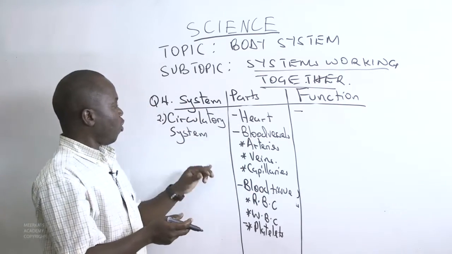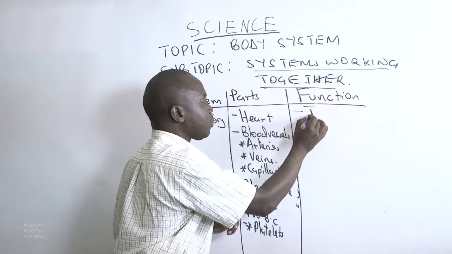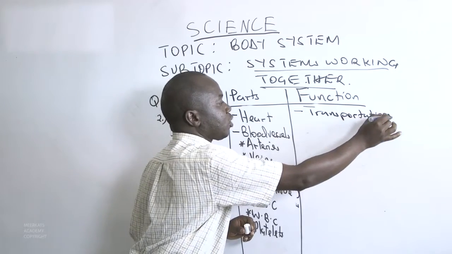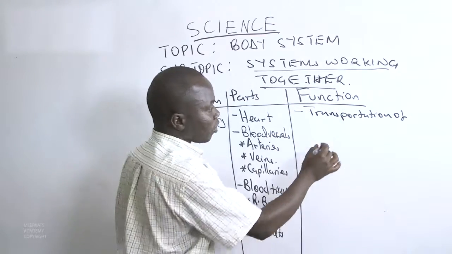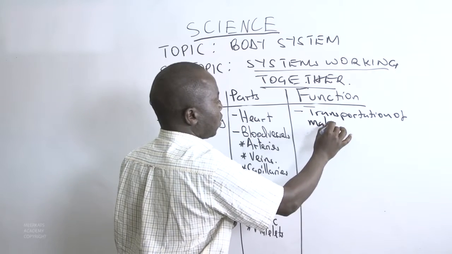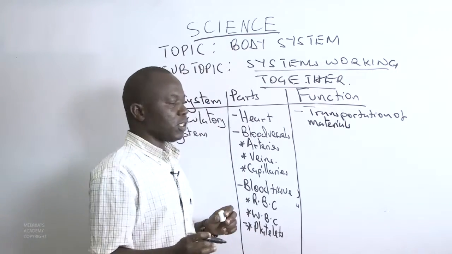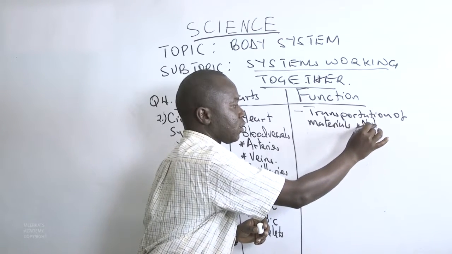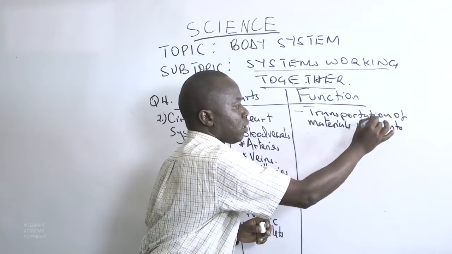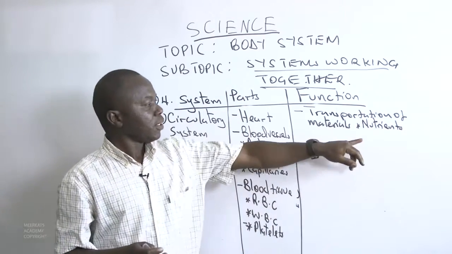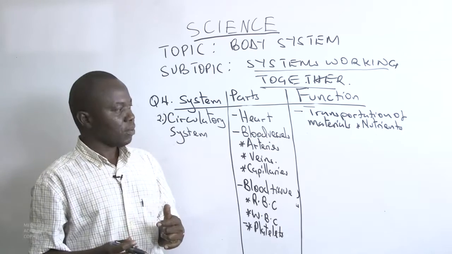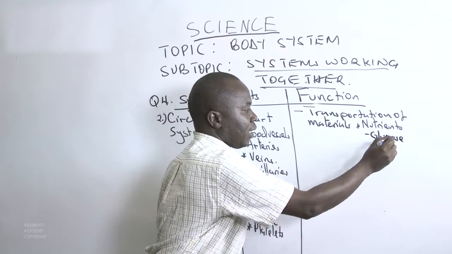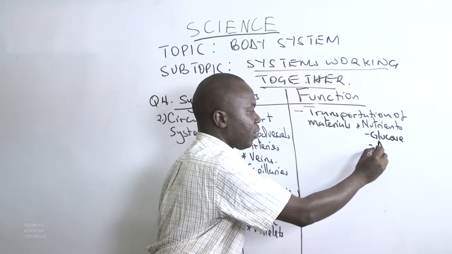The major function of the circulatory system is transportation of materials around the body. For instance, we have nutrients. I know by now you know the major nutrients that the body requires. We have glucose, amino acids.